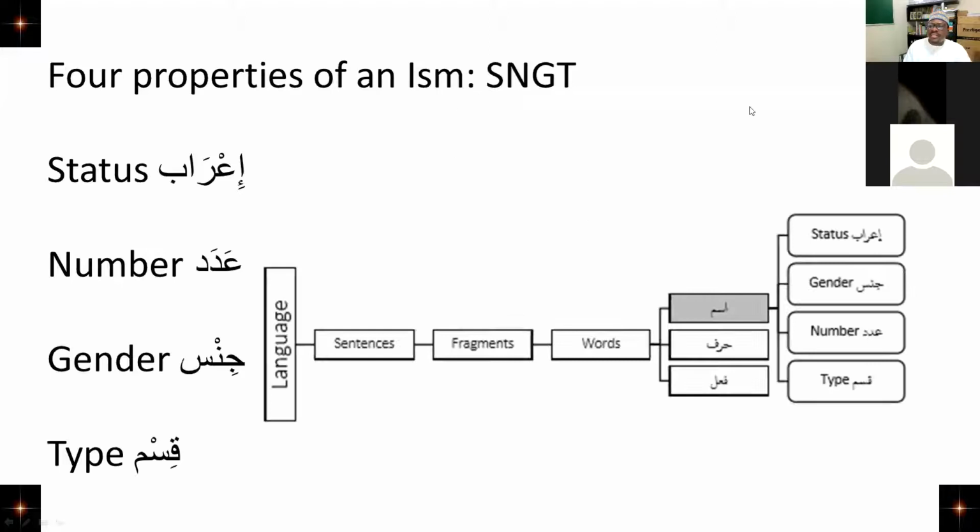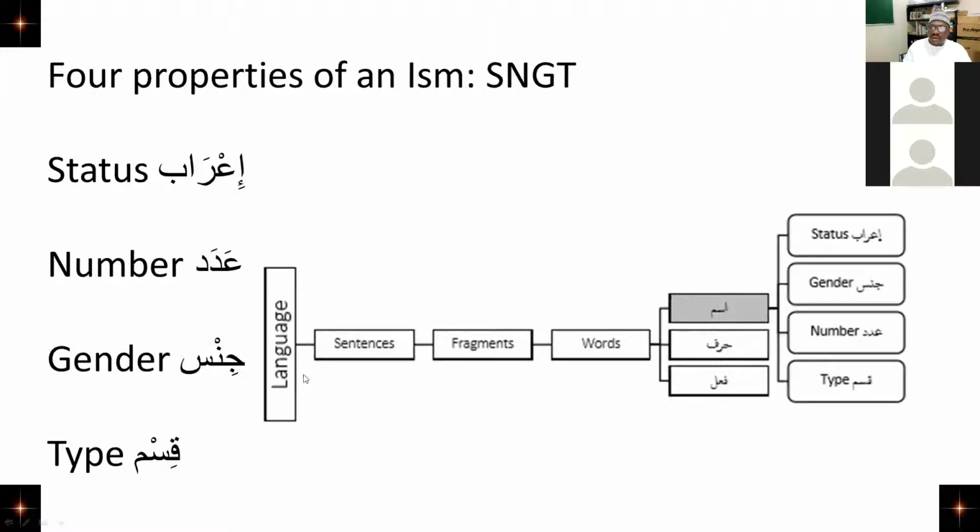Yesterday I shared this slide and I said that we are going by this track and we need to know where we are in the context of the sentence, fragment, word, formula, and the strata we mentioned yesterday. We said at the top there is the word, the fragment, then the sentence.